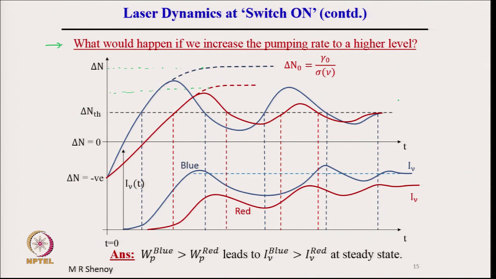While delta n will get clamped to the threshold value delta n threshold, or gamma will become equal to gamma threshold at steady state, the intensity will saturate at a higher value for higher pumping power.